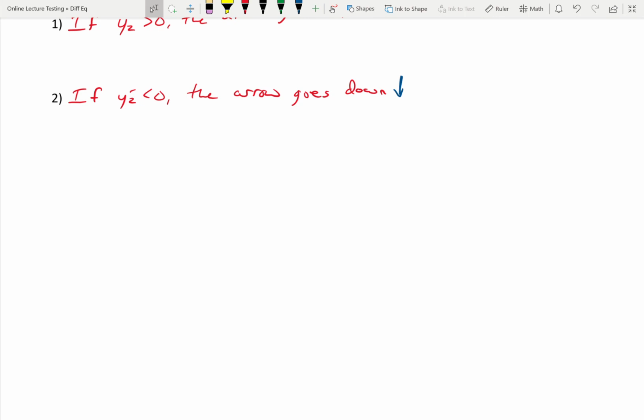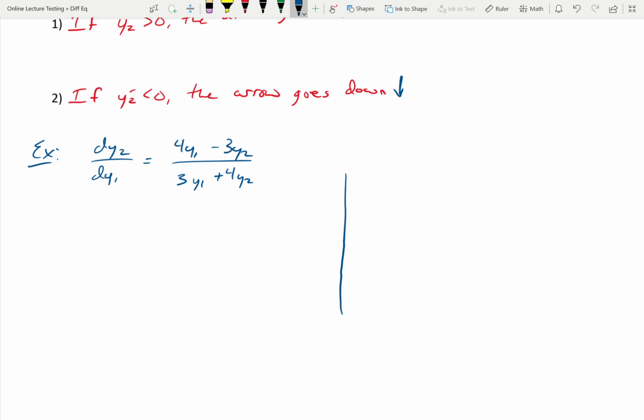For our example, we had dy2/dy1 equal to 4y1 minus 3y2 divided by 3y1 plus 4y2. I'm just going to graph a few of these, not all of them. I'm only going to look at a 2 by 2 square.